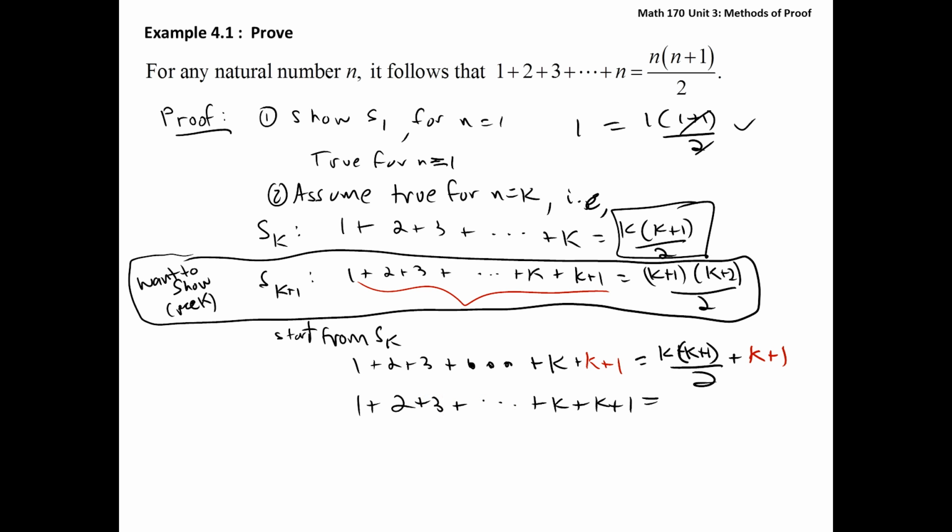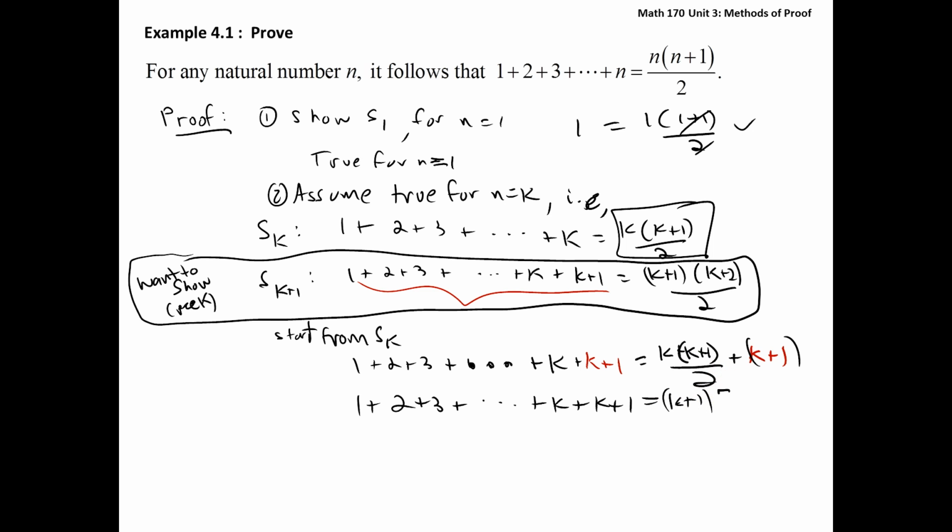then what I can do is look at the right-hand side. Instead of trying to put the two fractions together, we'll treat this as two separate terms. The first with the fraction, and then after that the k plus 1. Instead of putting the fractions together, we're going to see that they both have a factor of k plus 1. And so what we're going to do is factor out k plus 1.